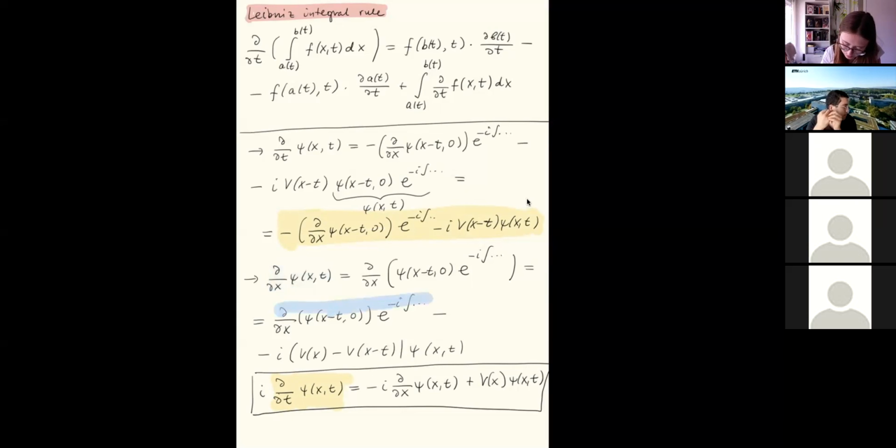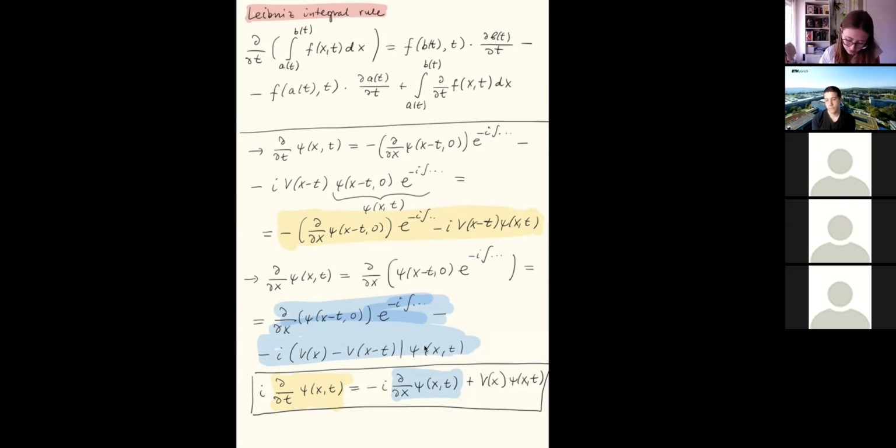Oh, sorry, with respect to x here. And we see that we get exactly what we need, because this term goes away with this term, goes away with this term, and we're left with exactly the term v of x psi xt, which is here.